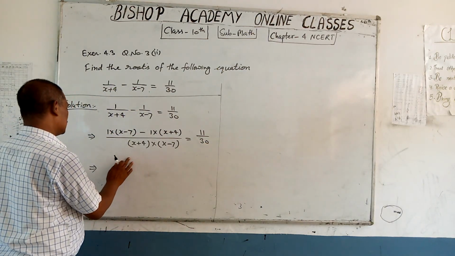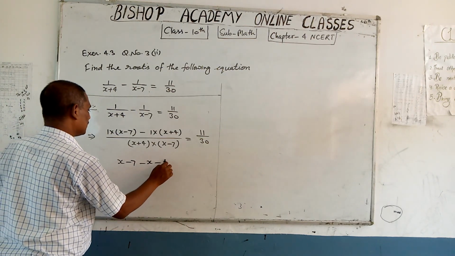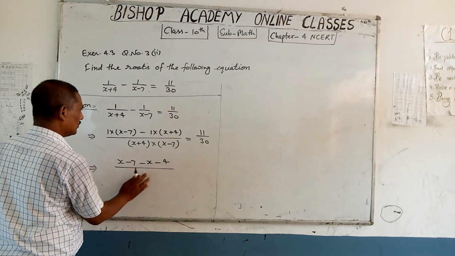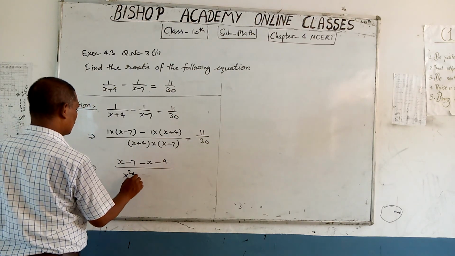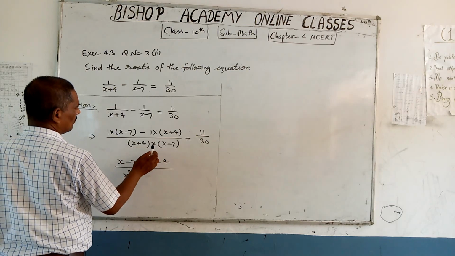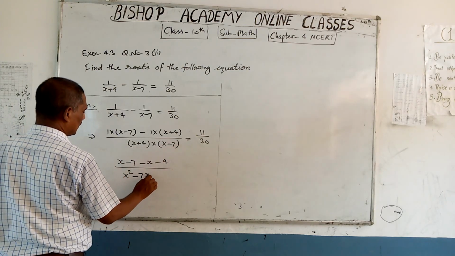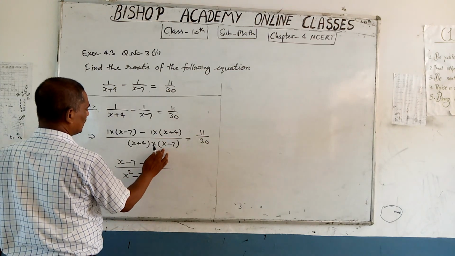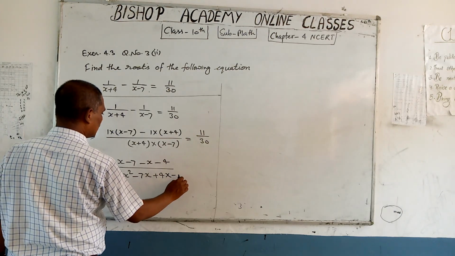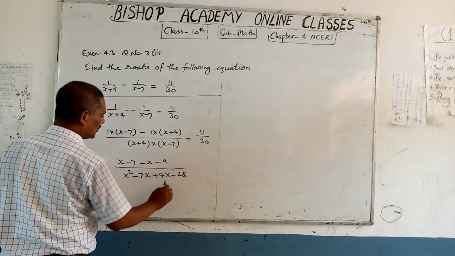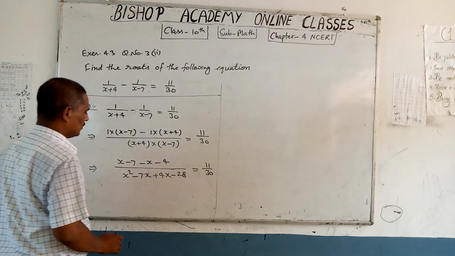Here you will take the product, you find x minus 7 minus x minus 4 upon, here take product, x square, x will multiply with x minus 7, product x square minus 7x plus 4 multiply with x minus 7 plus 4x minus 28. Now on the right, 11 upon 30.